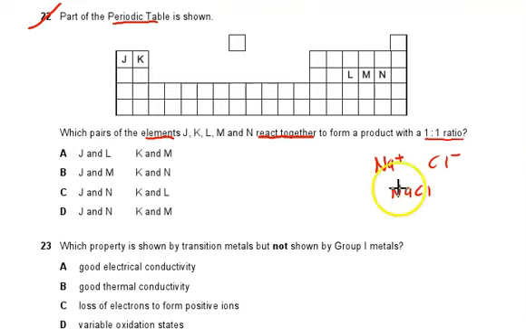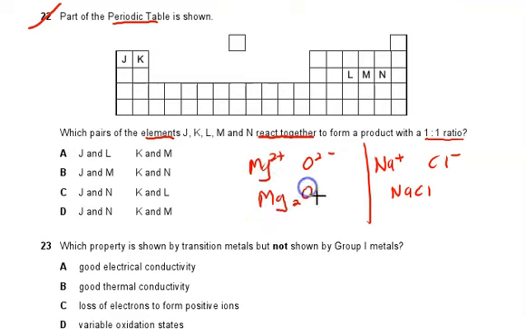So this is 1:1. Another example here is magnesium 2 plus and oxygen 2 negative. When they combine together, you will obtain magnesium oxide. So this is also a 1:1 ratio.